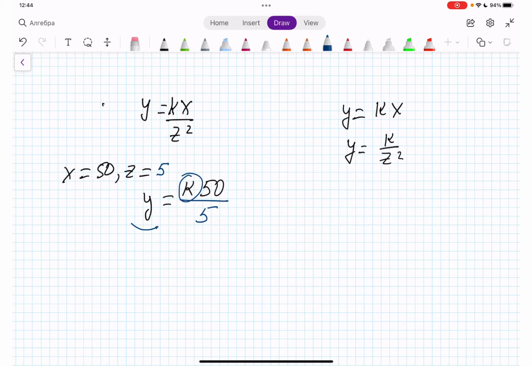We can find k from the information we had: y is equal to 39 when x is equal to 27 and z is equal to 3.